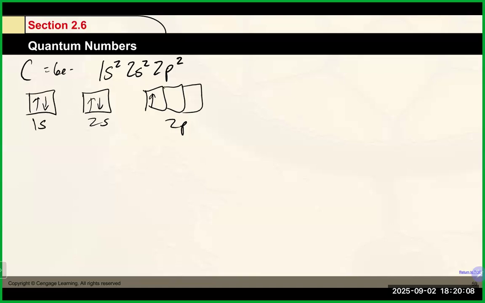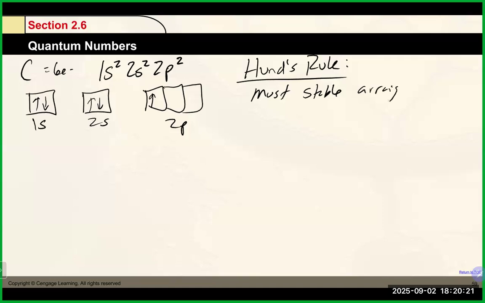That next important rule, kind of like Pauli's exclusion rule, is sometimes referred to as Hund's rule. And Hund's rule says the most stable arrangement of electrons in a subshell is to maximize parallel spin.